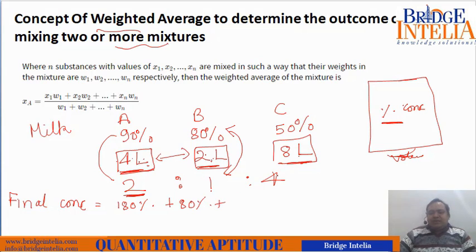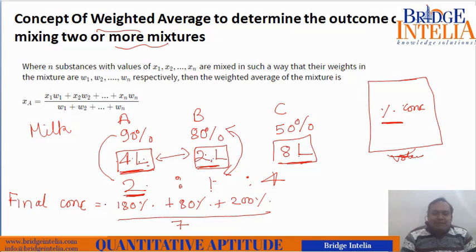Similarly from this one, 50 into 4, so 200%, divided by how many units? 2 plus 1 is 3, 3 plus 4 is 7. So this is what is meant by applying weighted average.